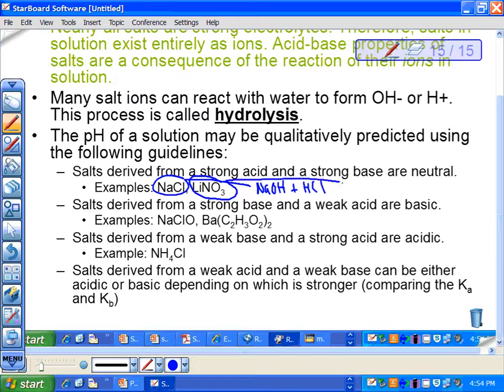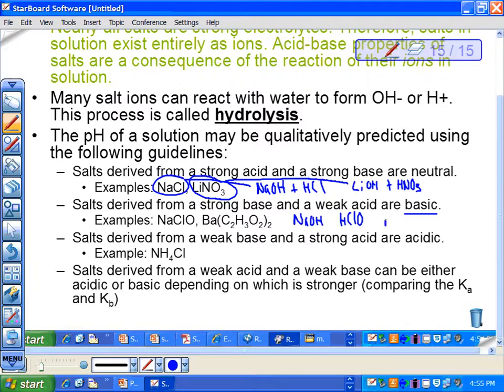If we look at this one, LiOH probably was the base that formed it, and then HNO3, and again that is strong, so therefore it's a neutral salt. This one here, probably NaOH and HClO, which is hypochlorous acid. This is strong, but this is weak, so therefore this is a basic salt.